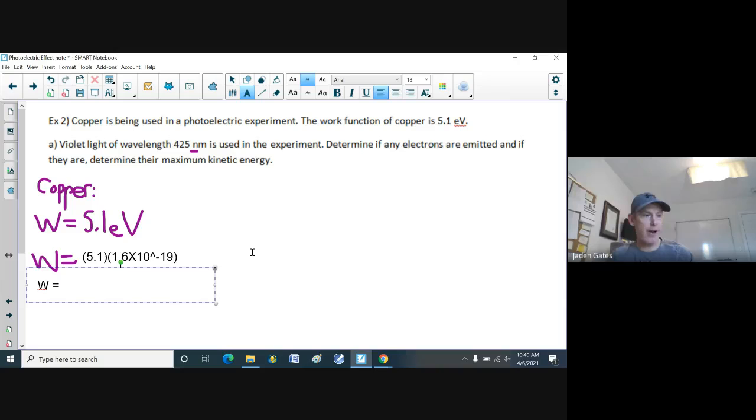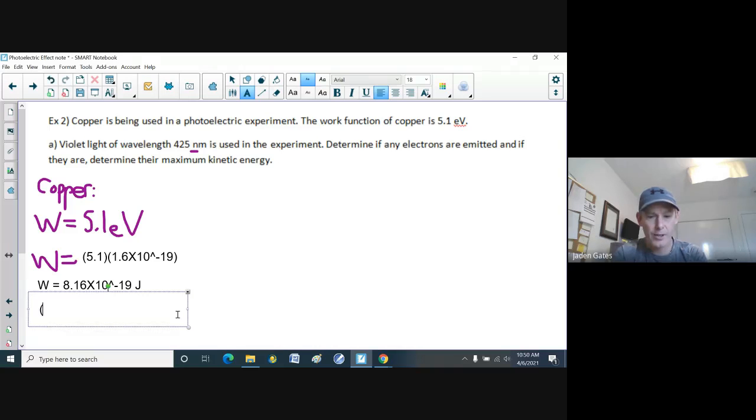I take my 5.1, multiply by 1.6 times 10 to the negative 19, and I end up with 8.16 times 10 to the power of negative 19 joules of energy. So this represents the energy required to remove an electron from copper.